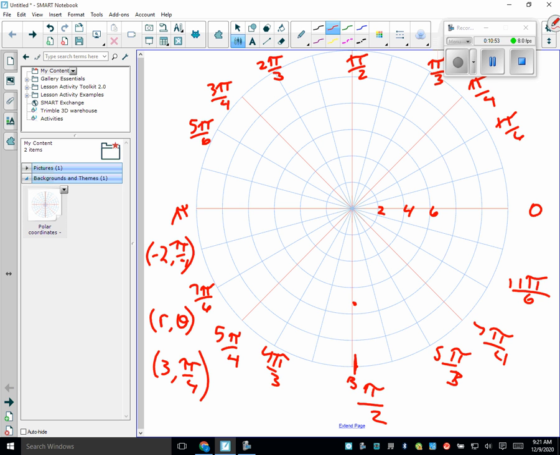Like, this would be A. If B was 4 pi, 4 pi would be 1, 2, right here. So that would be B. Because remember, if you mark the graph where every circle is 2, it is for every problem you use that graph on. And then for problem 6, you'll start a new graph. Otherwise, we'll end up with so many points on a graph we can't tell what's what.